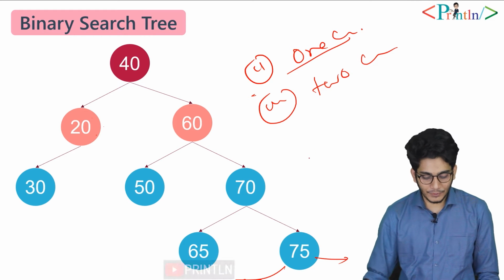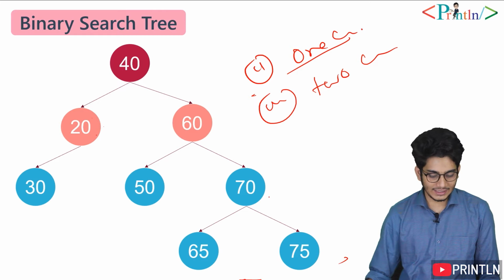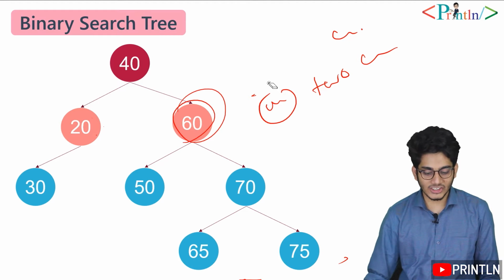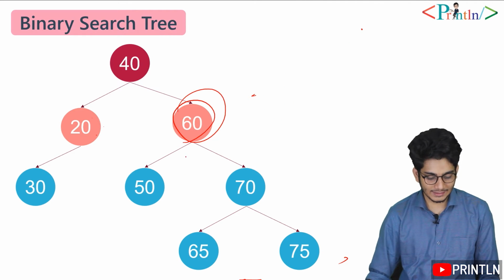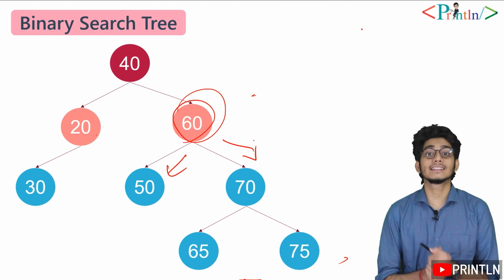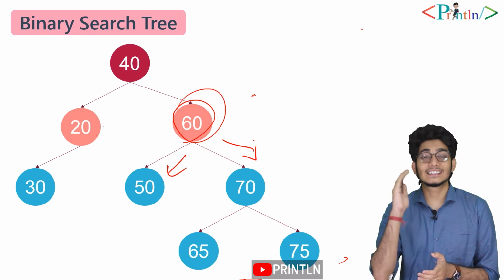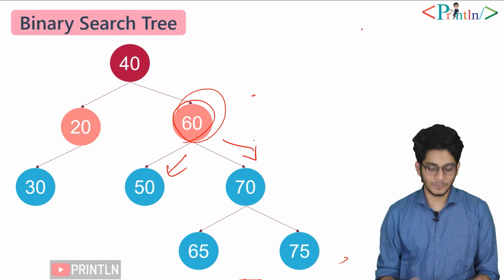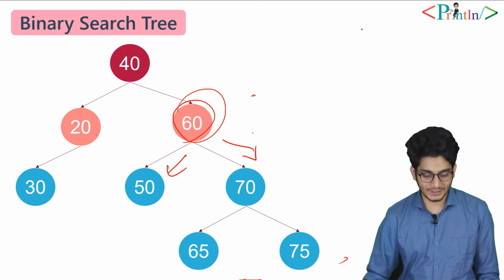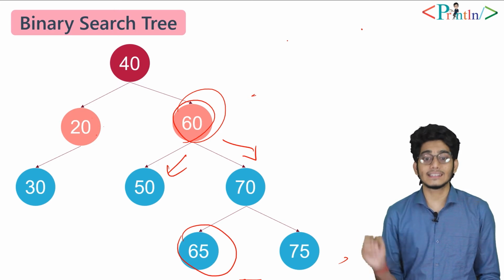Now we'll see what happens if we are trying to delete 60. How many children does 60 have? It has two children, right? 60 has two children. Now we'll find the successor of 60. What is the successor of 60? That is 65, right? Let's understand what the successor is.